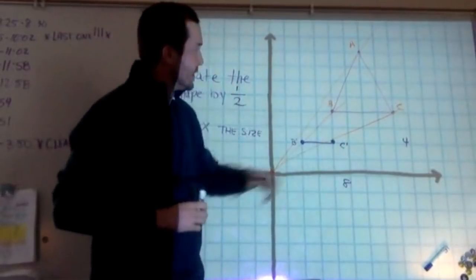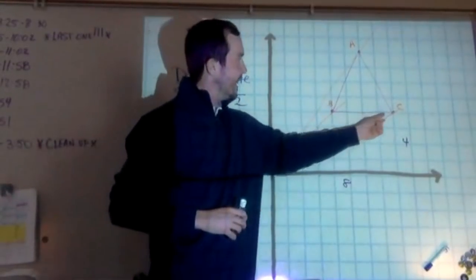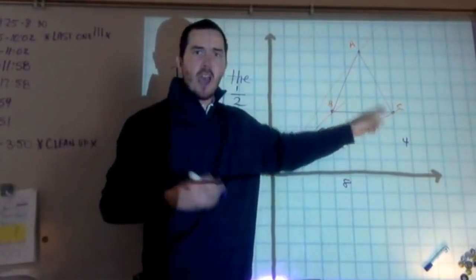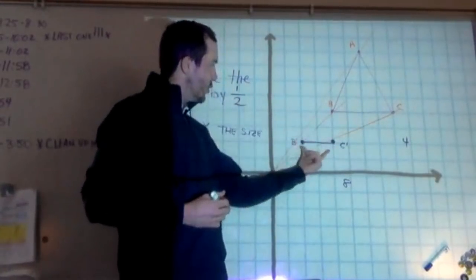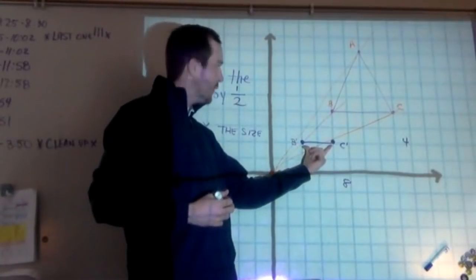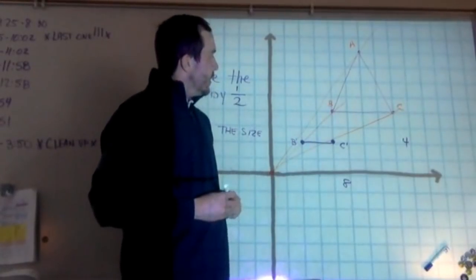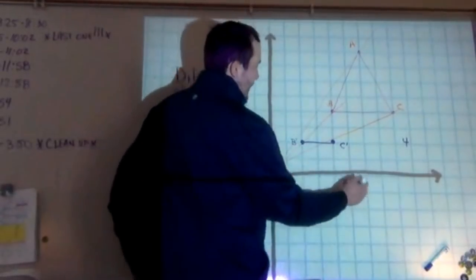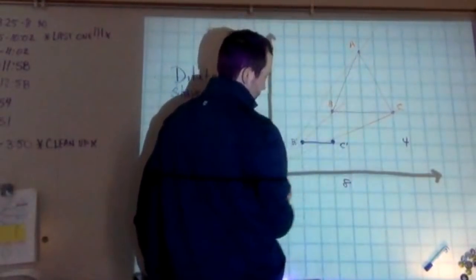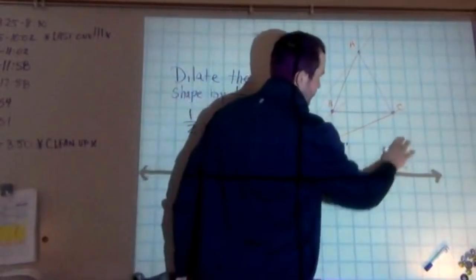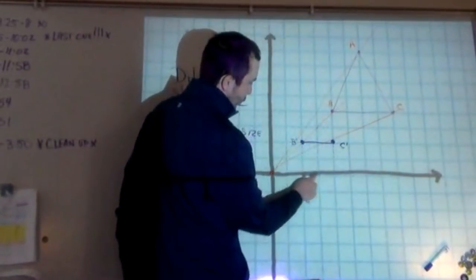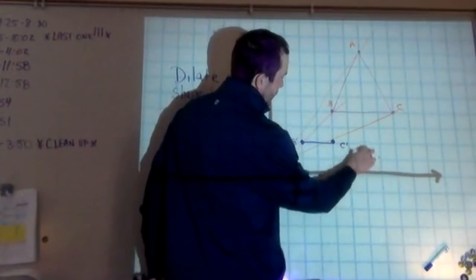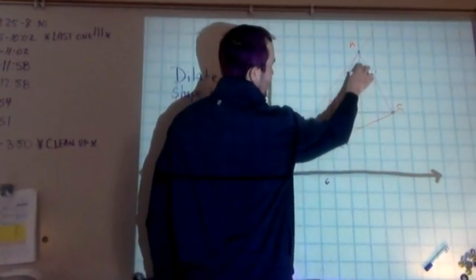Another thing you might notice is how long was this length of this line? Well, it was 1, 2, 3, 4. So half of that length is going to be 2. So my point should be 2 points away. Now, the other thing we can do here is since we know that this point, how far is it away? Well, to get to that point, 1, 2, 3, 4, 5, 6. So it's 6. And 1, 2, 3, 4, 5, 6, 7, 8.